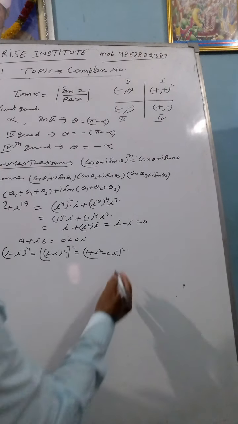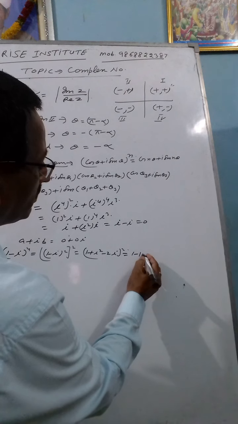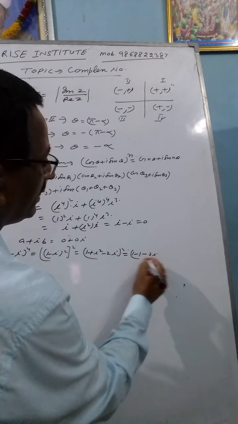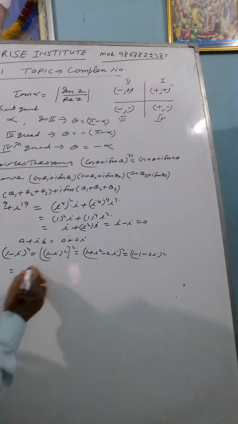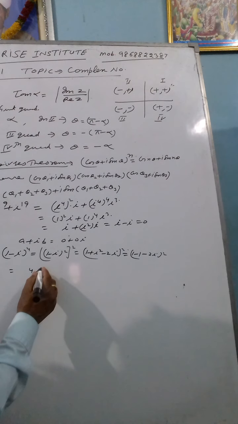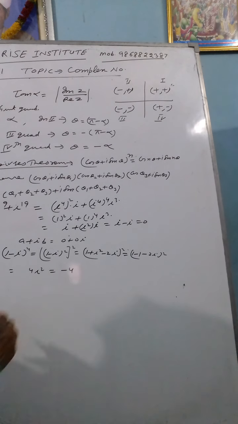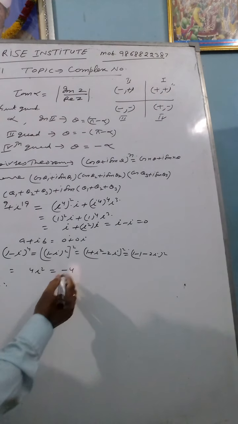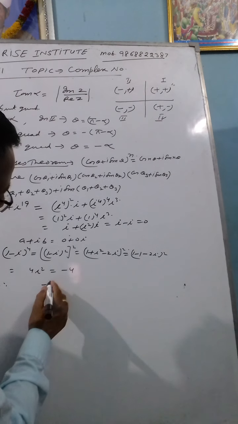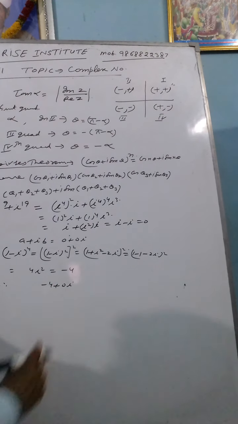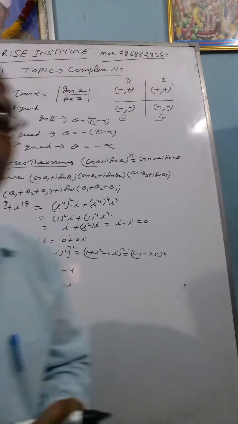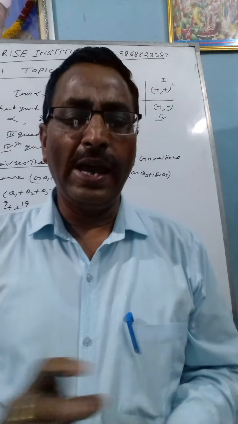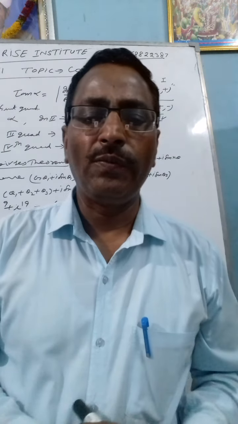Then (1 minus 1 minus 2 iota) whole square, then we have 4 iota square, that is minus 4. Therefore the complex form is minus 4 plus 0 iota, that is your answer.